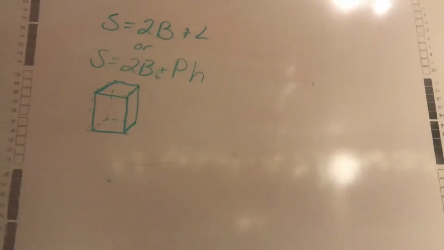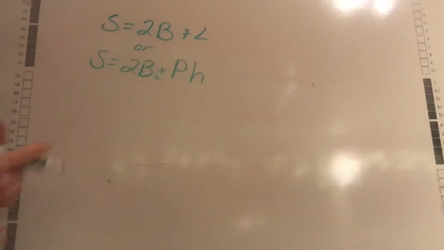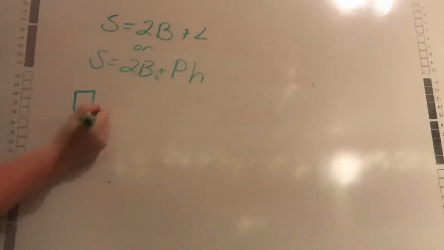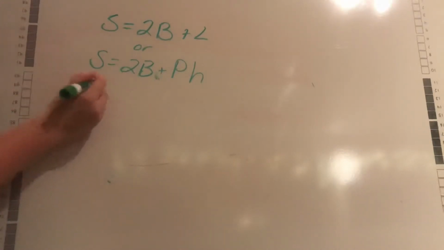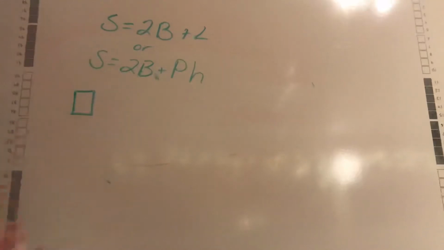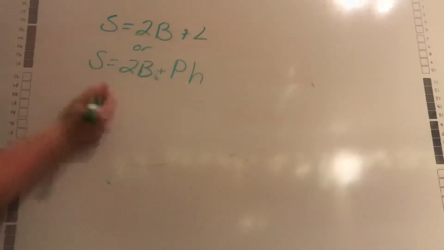Okay? So the first one they give us is this rectangular prism. Let me draw it this way.